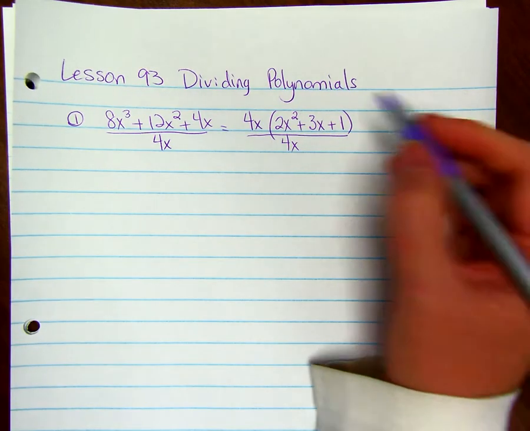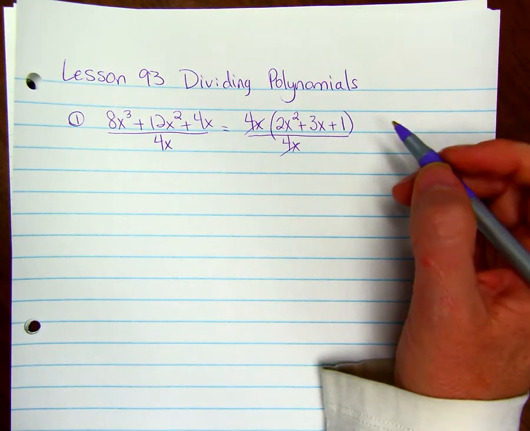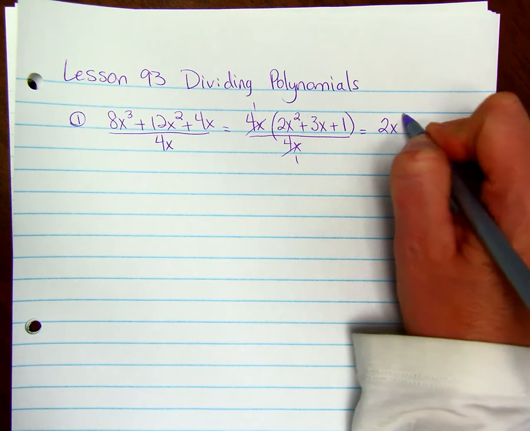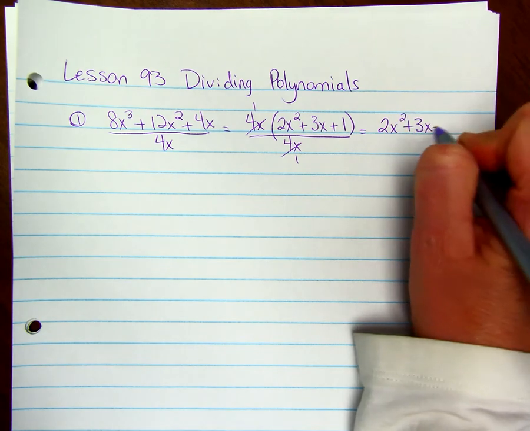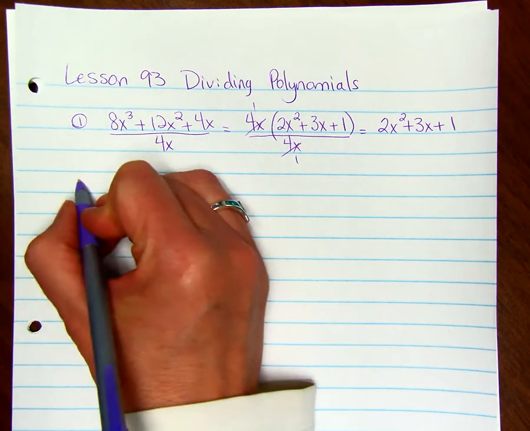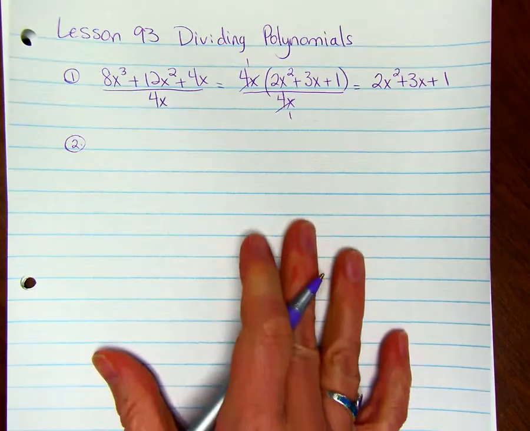Now we're able to cancel the 4x on the numerator and the denominator. They go to 1, and we're left with 2x squared plus 3x plus 1. So this is one way to do it, where you factor first and then cancel.